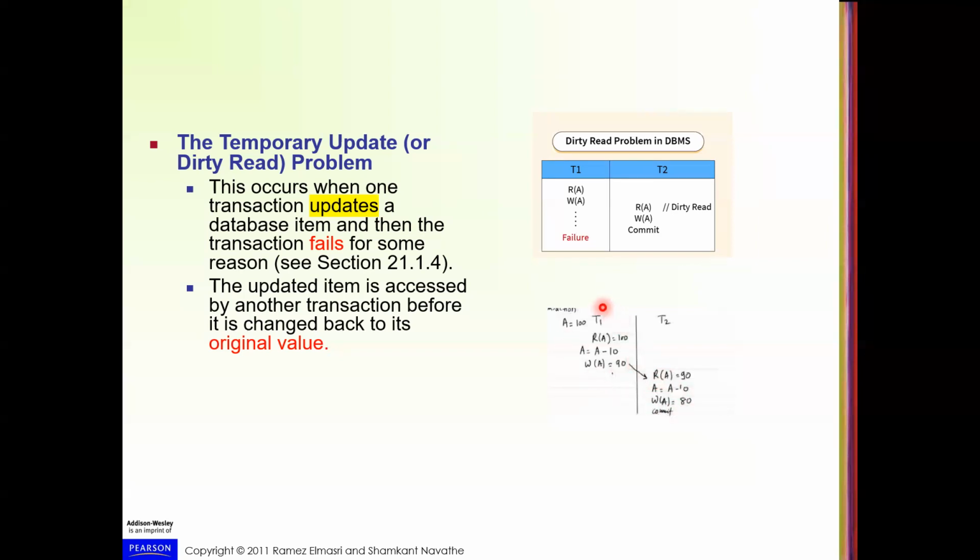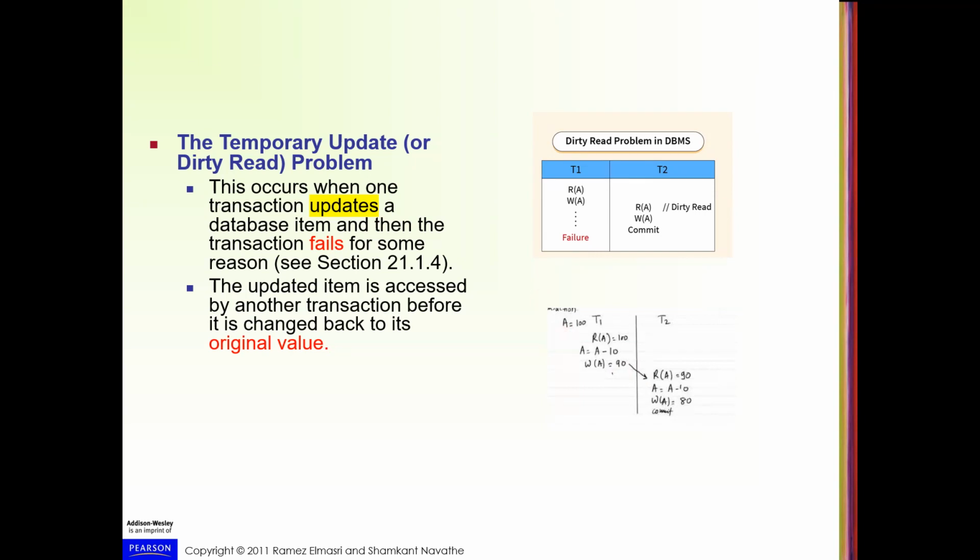But later on, T1 failed. So T2 is operating on something made by T1, but T1 failed. It's like you took a decision based on your friend's decision and your friend backed out. So you are dangling. You don't have any original decision with you.